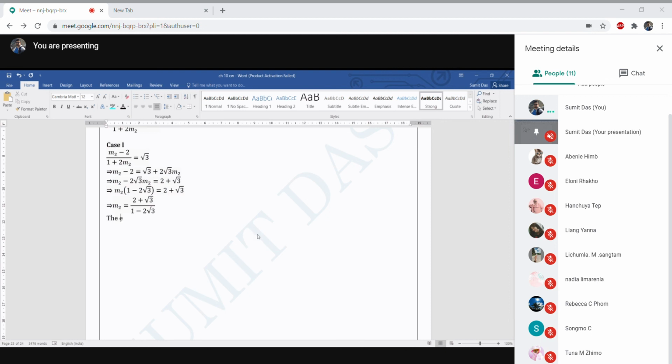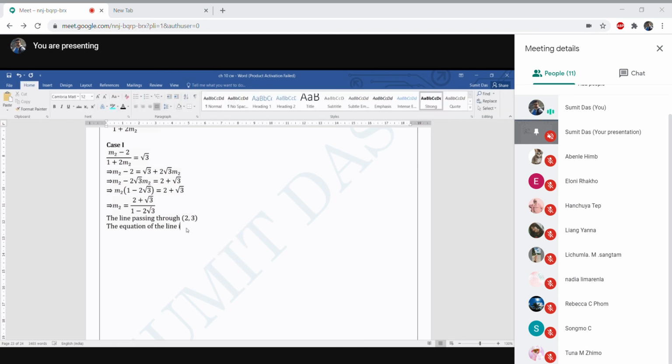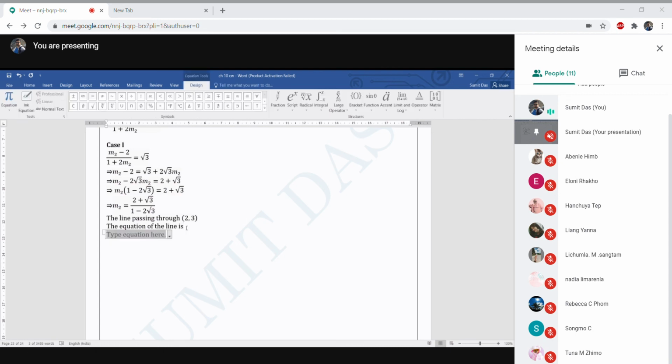The equation of the line passing through 2 comma 3 is the same slope intercept formula: y minus y1, that is 3, equals m, here m is this, into x minus x1, that is 2.